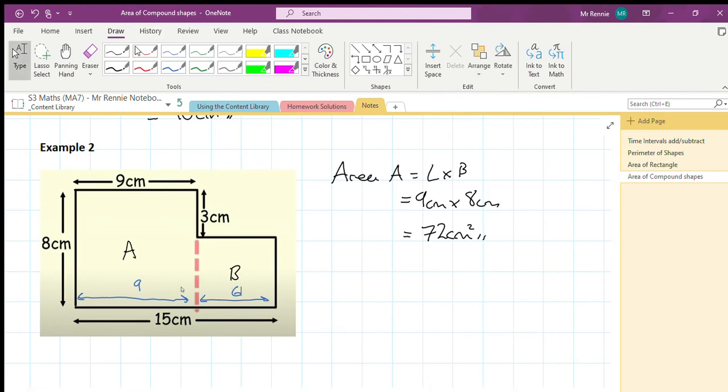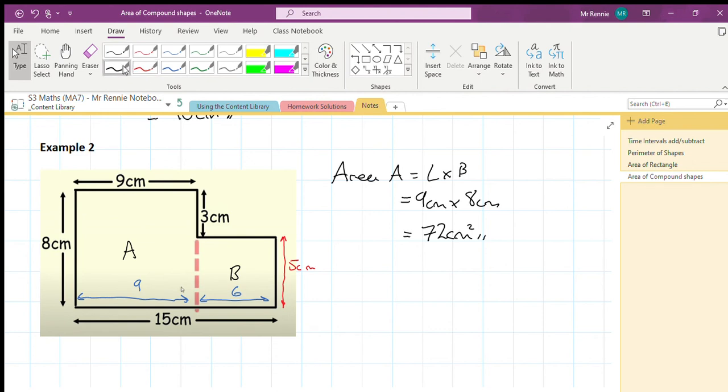Similarly, for the height or the breadth of B, I don't know this length here. I know the total length of the bigger side is 8, and I know that it comes down only 3 centimeters here. So I need to think, 3 plus what else would give me a length of 8? 3 plus 5 would give me my 8 back.